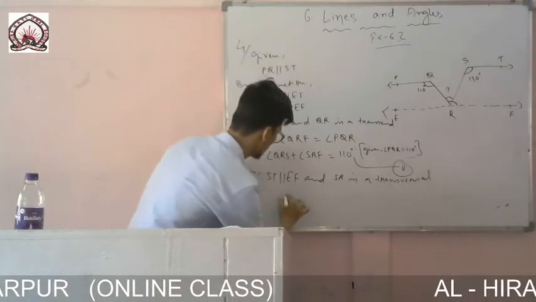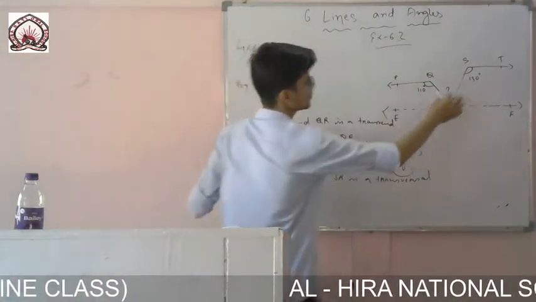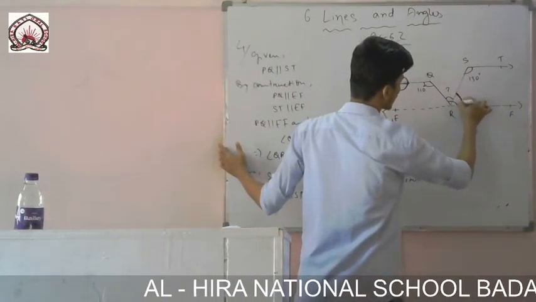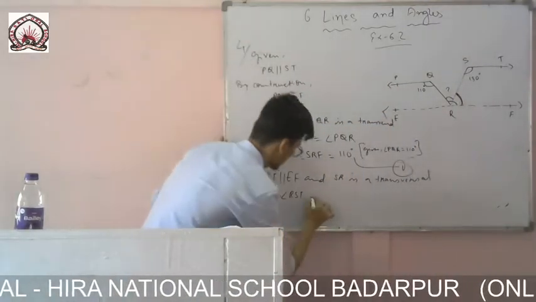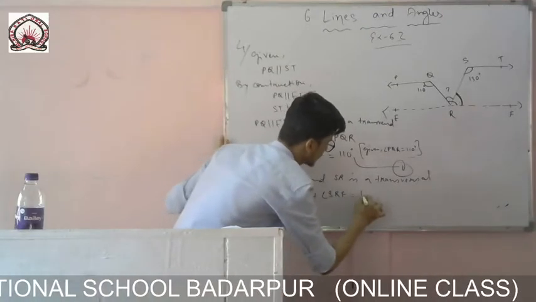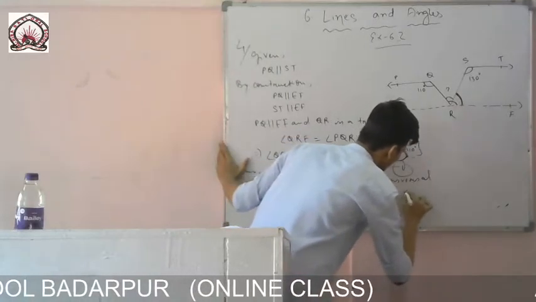So I can write angle RST plus angle SRF, and it will be 180 degrees, because these are co-interior angles.